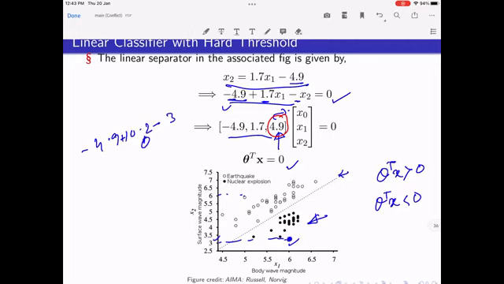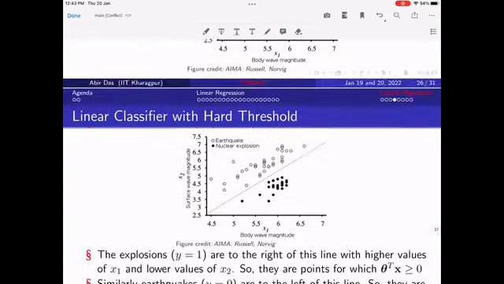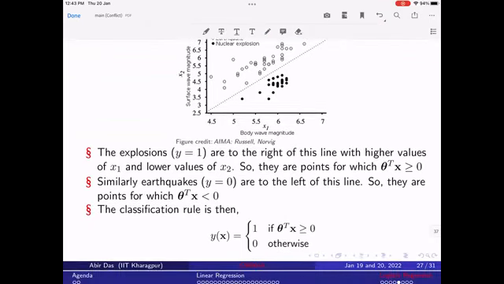So this will give you a decision rule. Somebody has given the hypothesis, that is this equation of the straight line. Now it's up to you to see how that fits into the classification. So that's what I'm saying in the next slide.